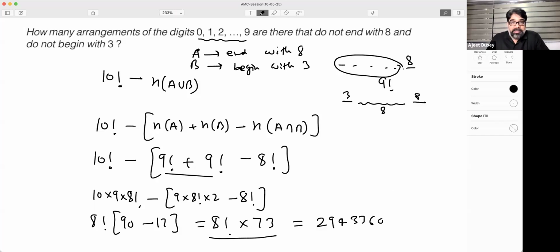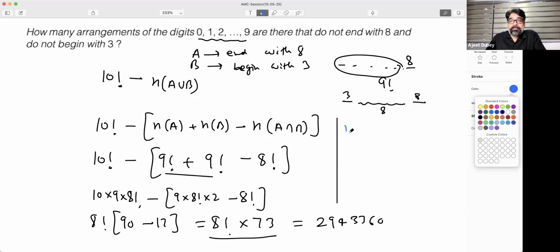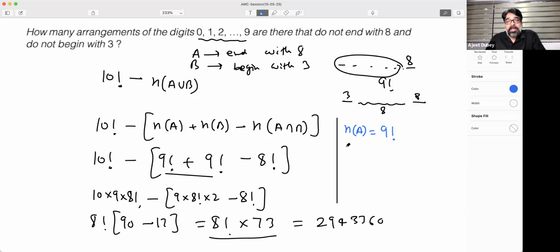Let's say A is the number of arrangements which end with 8 and B begin with 3. So what will be n of A? It will end with 8, so this place can be filled in one way. Balance 9 places, 9 objects, so that can be done by 9 factorial.